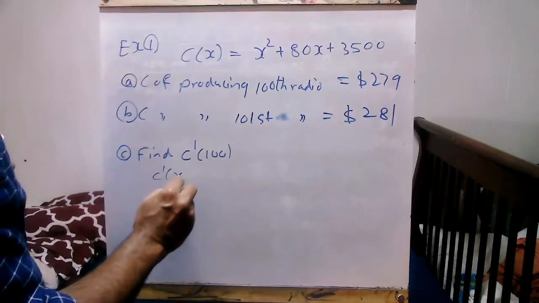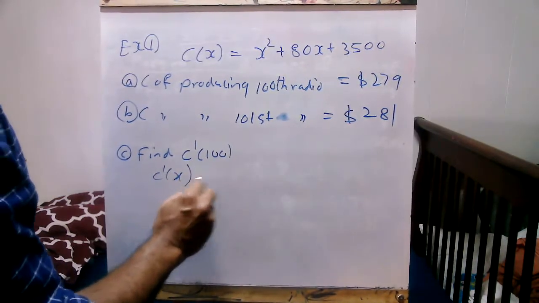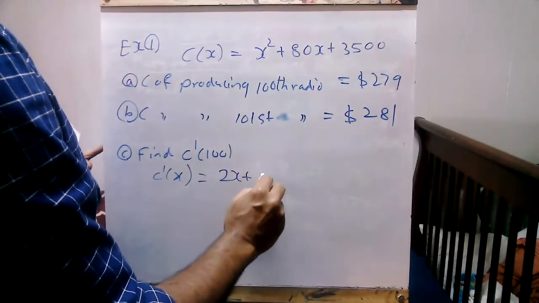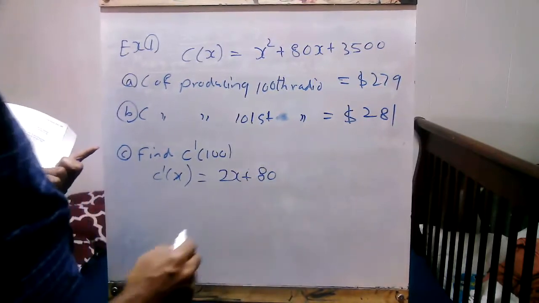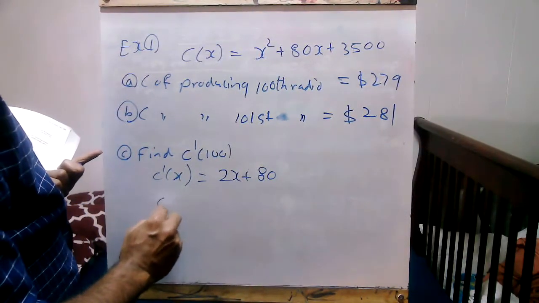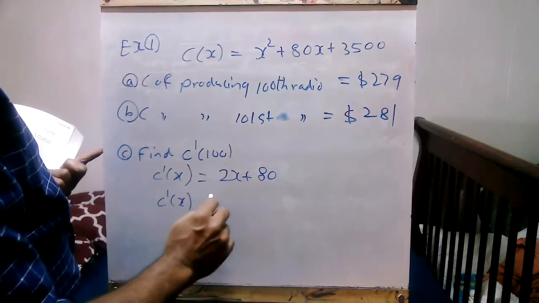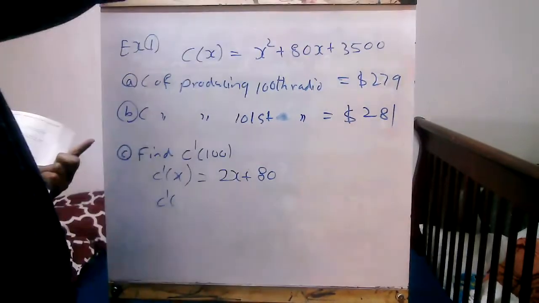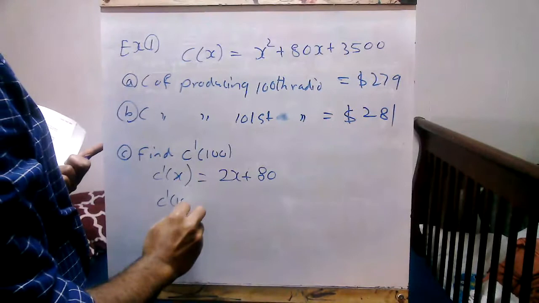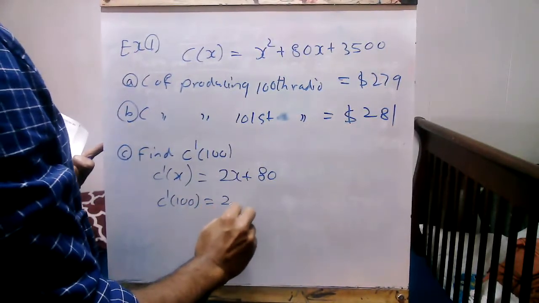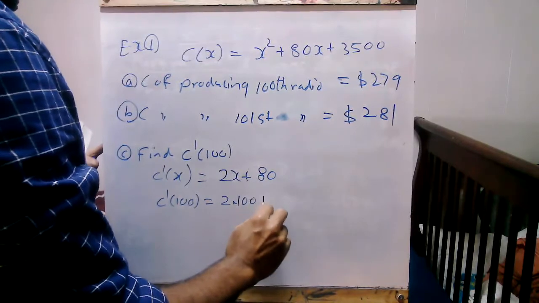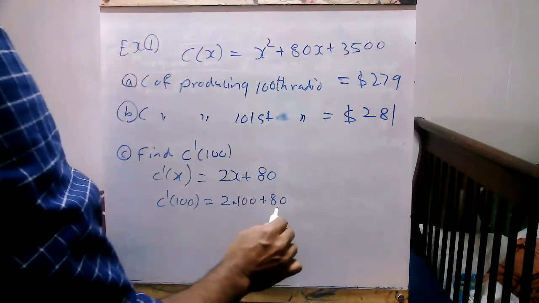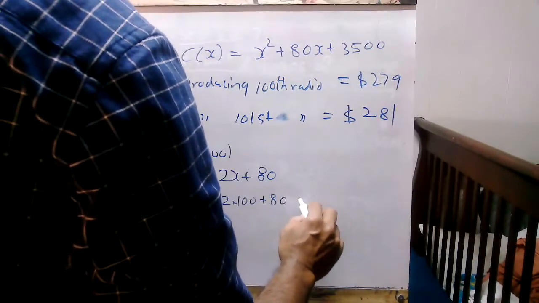C dash x is equal to, differentiating this, we get 2x plus 80. Then C dash 100 equals 2 times 100 plus 80. 200 plus 80, this is 280.